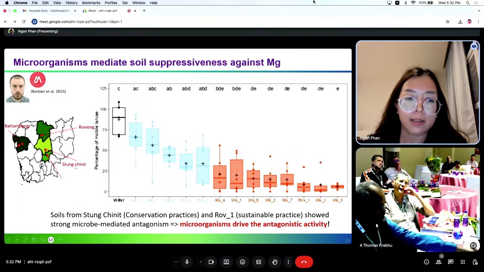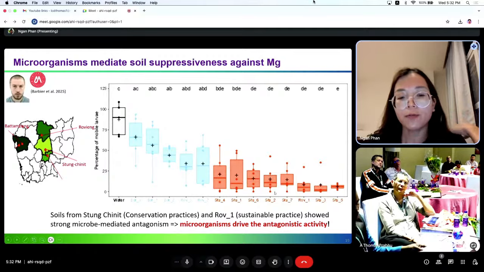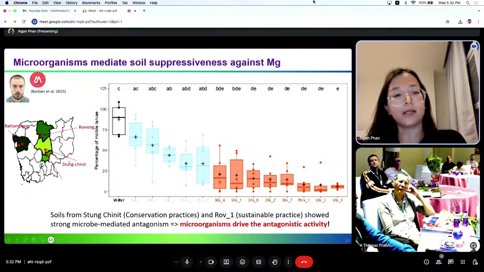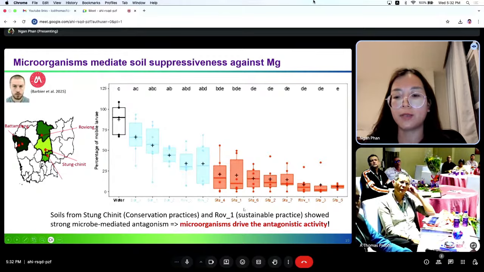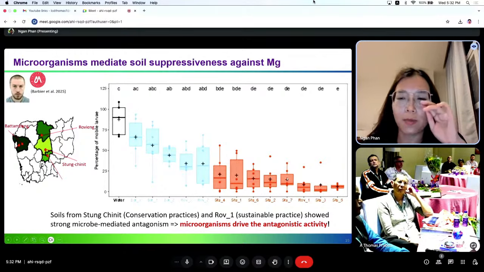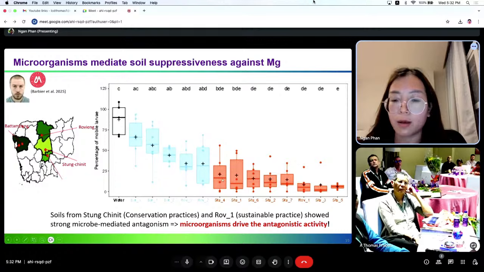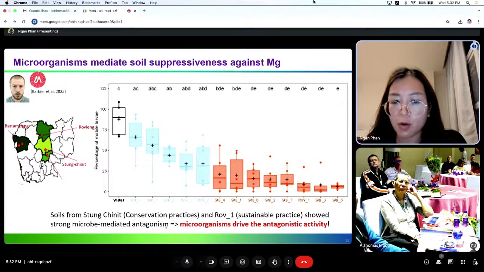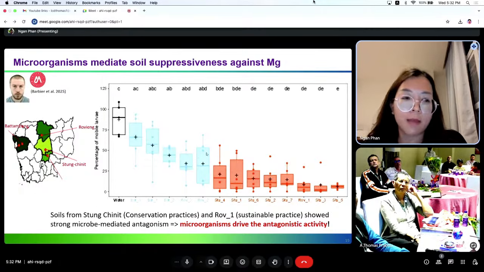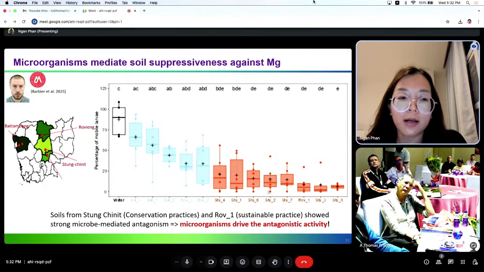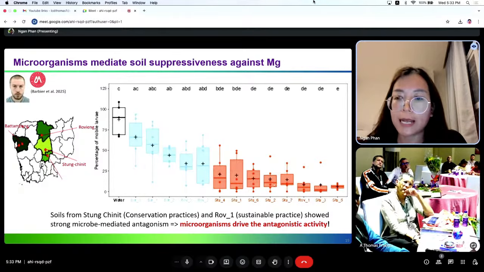And we found that some soils from Stung Chinit in conservation practice and in Rovieng province with sustainable practice show a strong impact on the nematode mobility, reducing the nematode mobility to lower than 25%. So this indicates that the microorganisms in the soil have antagonistic activity against M. graminicola.